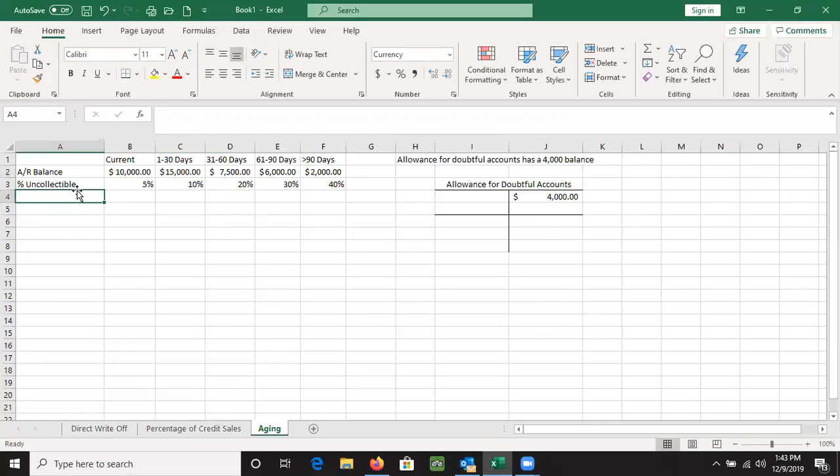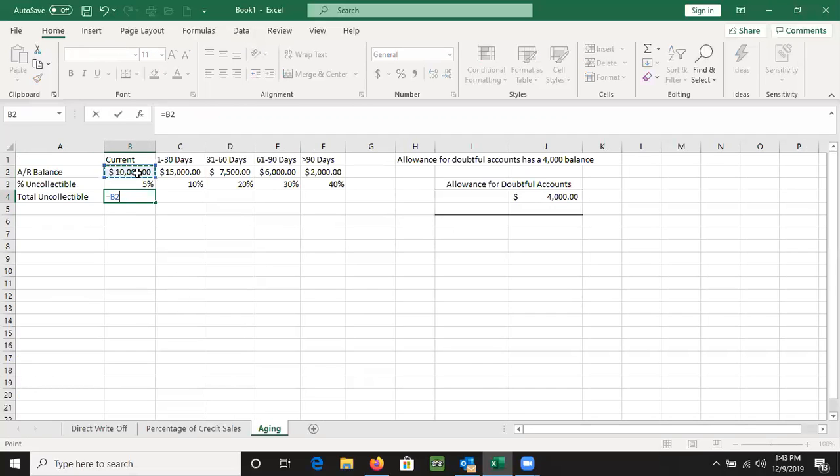Okay. So under the aging method, what it says is get a total uncollectible figure in dollars. So to do that, we're going to take each accounts receivable balance from each period multiplied by its respective percentage.